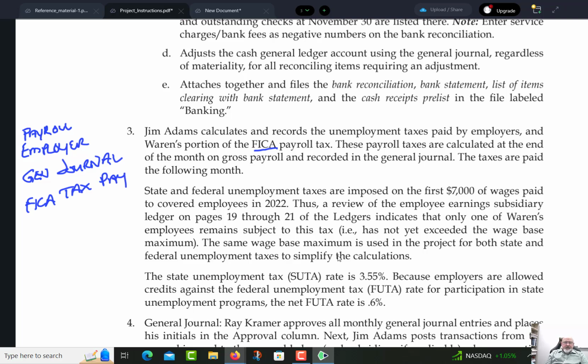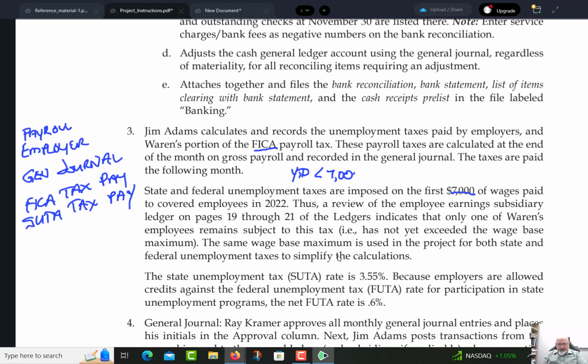We're also going to record SUTA tax payable. Now remember, in this case, the SUTA is only going to apply to employees who have salaries of $7,000 or less. And at this time, the only person that's going to have this is Nancy Ford. So we look at Nancy Ford's year-to-date salary, and it will be less than $7,000.